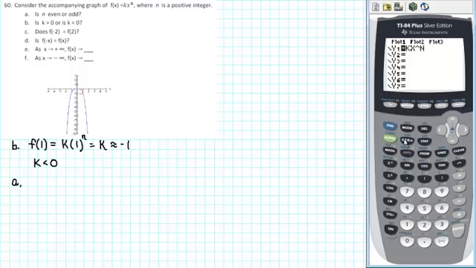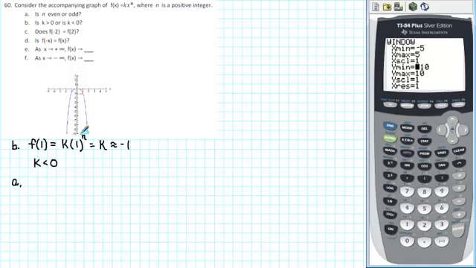The next thing we want to do is to determine a good viewing window, one that matches the given graph. So we go to Window, and we notice that along the x-axis the values range from negative 5 to 5 with a scale of 1. So we enter negative 5 for x minimum, 5 for x maximum, and 1 for x scale.